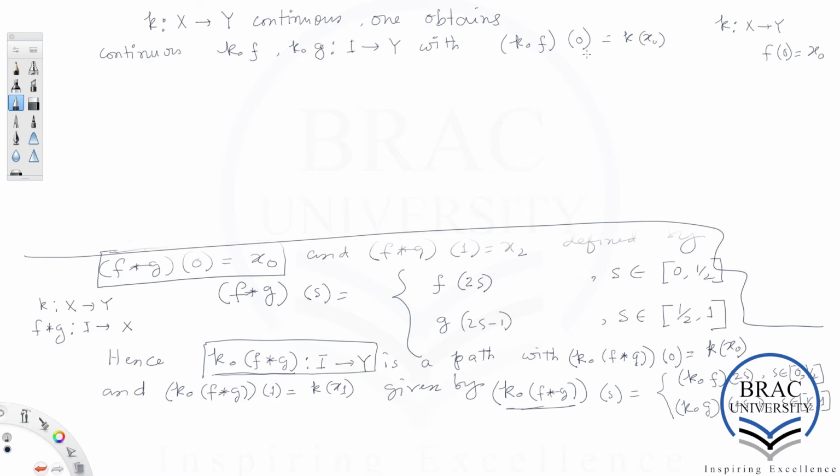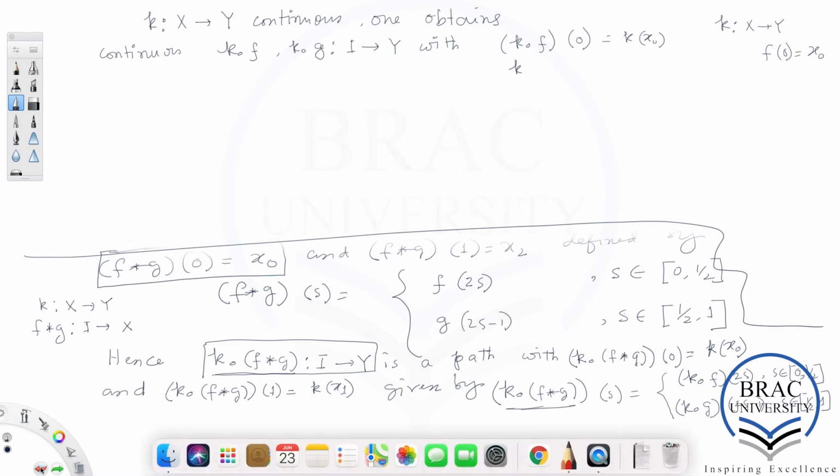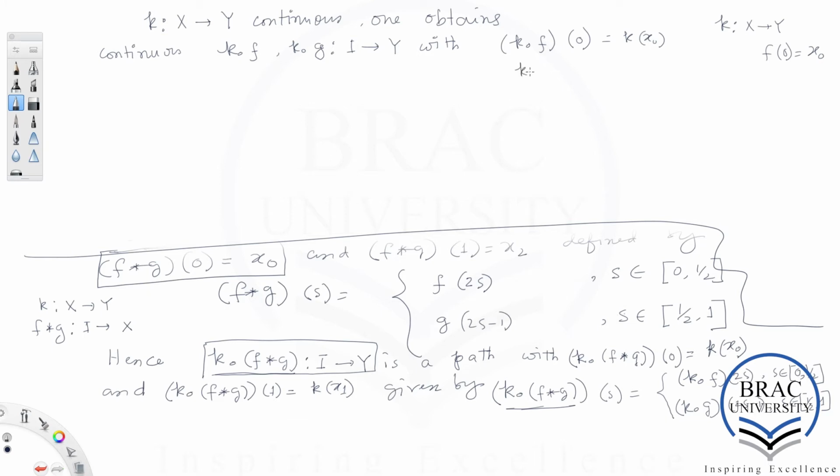Okay, and K composed with G at 0, sorry, I should state the final point of K composed with F first, and K composed with F at 1 is K of X1, right? Because F of 1 is equal to X1.